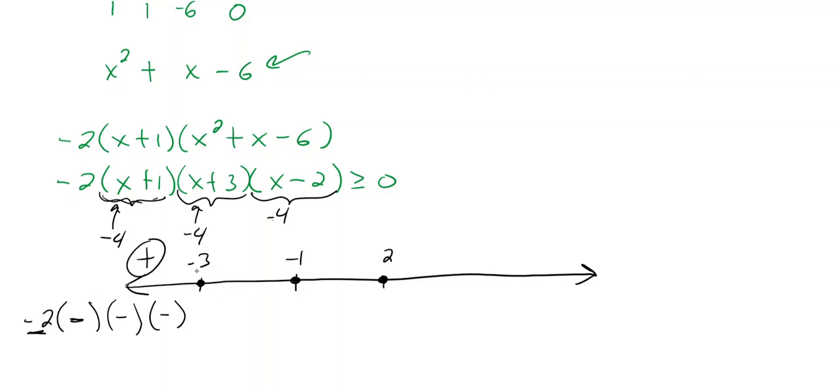Now if we look at this next section, I want to test out some number between -3 and 1. So -2 would probably be a good example. If I threw -2 in place of x here, then in this section you'd have -2 times, and then -2 plus 1, so definitely coming out negative.